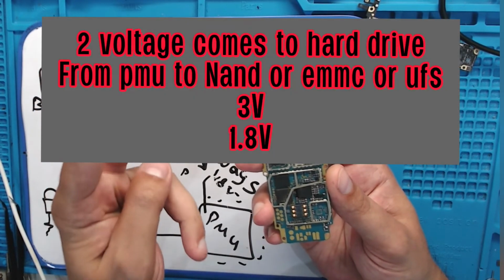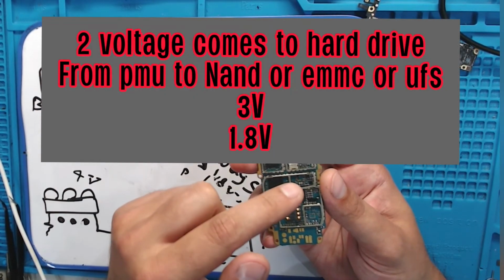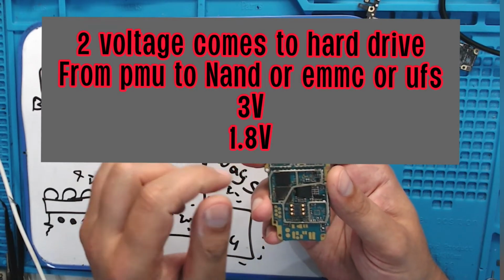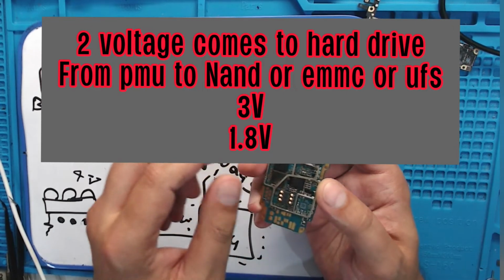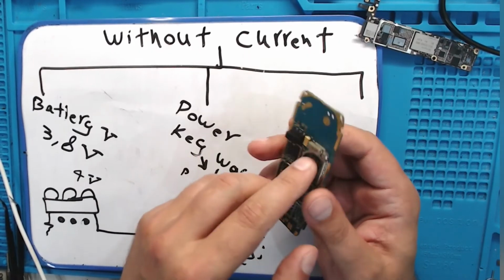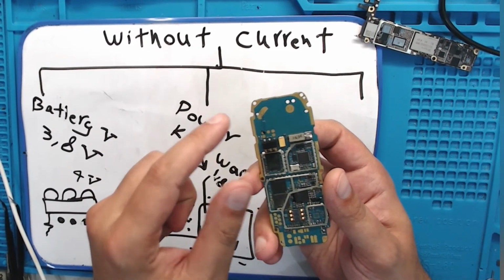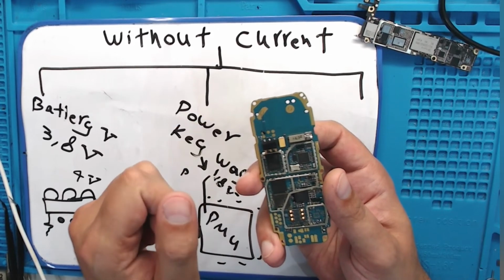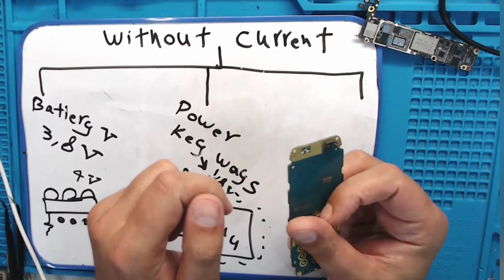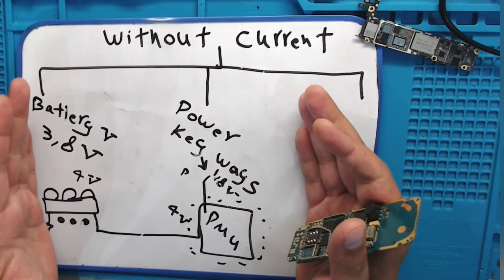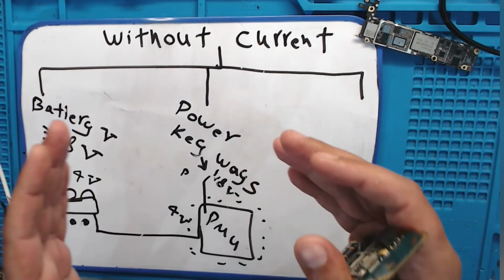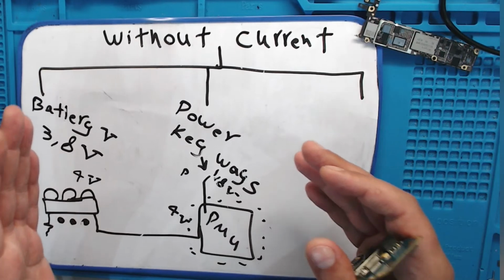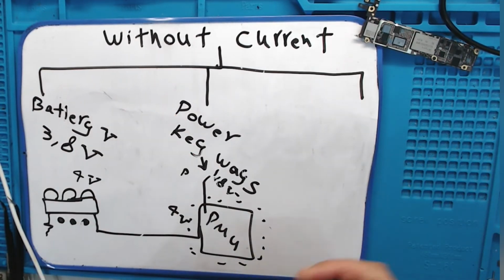You have two important voltages coming to the motherboard, but if the hard drive is damaged or doesn't work, when you press the power button, the current doesn't work and doesn't show any current. That means for a normal phone you need to check this one, but for a smartphone you need to add and check the NAND.